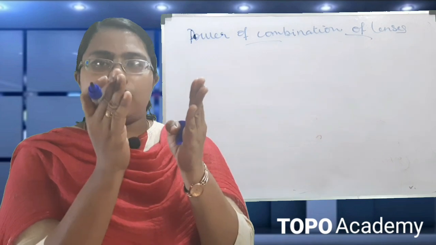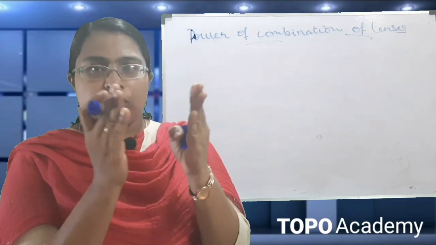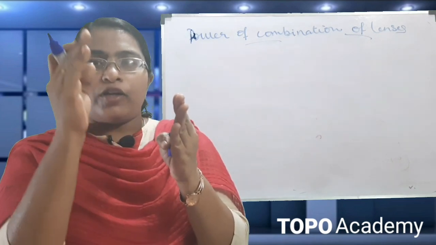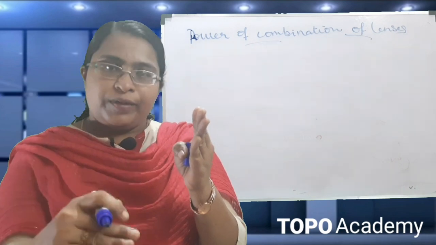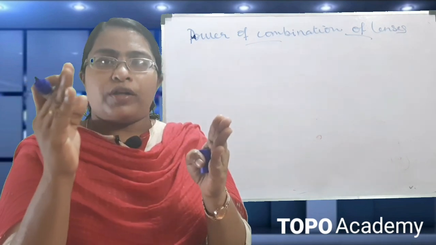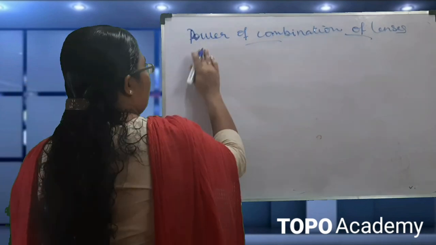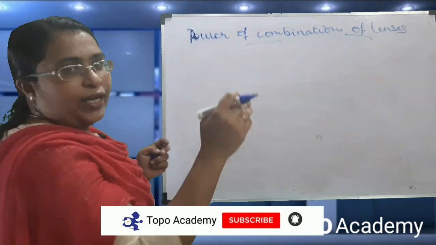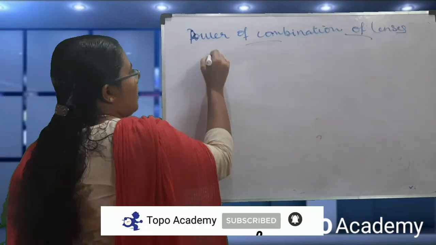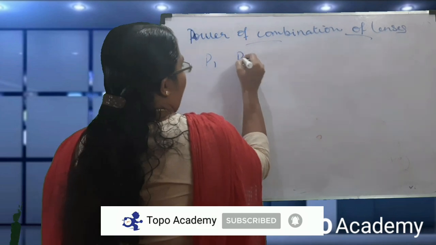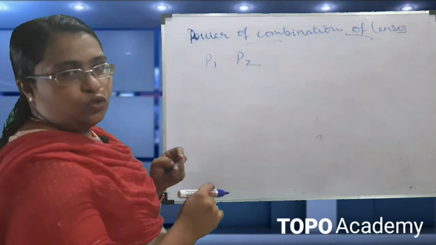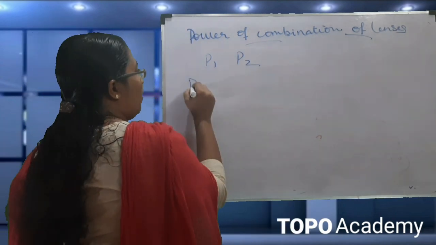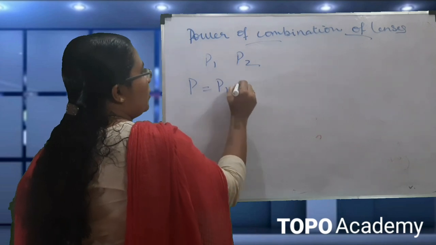If you are keeping two or more lenses in contact with each other, then the total power is equal to the algebraic sum of all the powers of the lenses. Suppose there are two lenses in contact with each other. Power of first lens is P1 and power of second lens is P2. Then the total power is equal to P1 plus P2.